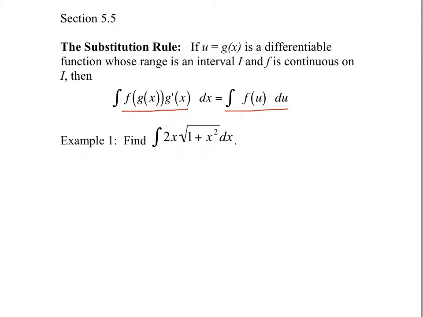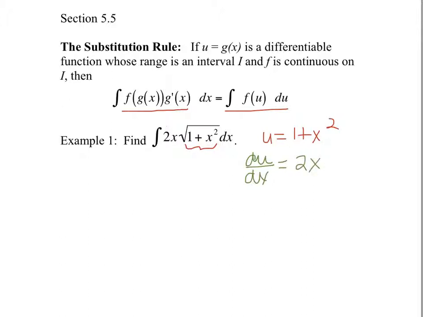So I'm looking at this and I say, okay, I want this whole thing to be my u. So I'm going to say u equals 1 plus x squared. Now, if u equals 1 plus x squared, then the derivative of u with respect to x is 2x.